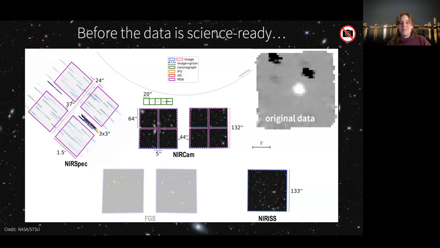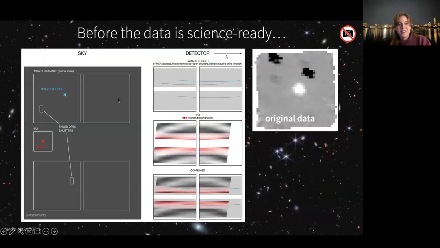Now, it turns out that for this specific instrument there are two modes that you can use. There's this IFU mode, which is what I used for this data. And then there's another mode, the MSA, called a microshutter array, which sits in a different plane in front of the detectors, and has all these microshutters that you can open and close to take spectra of different objects in your field, right?